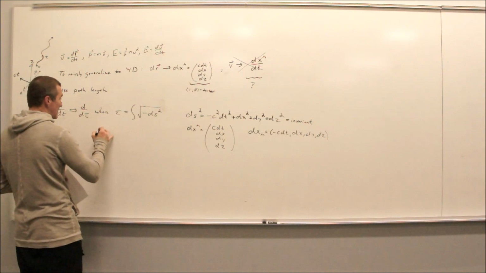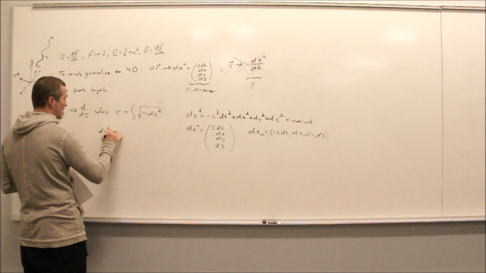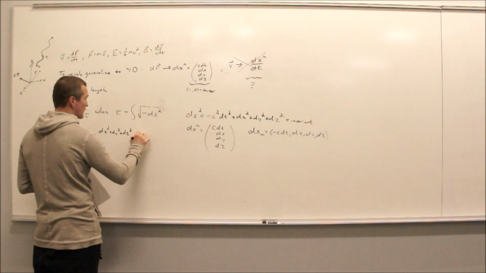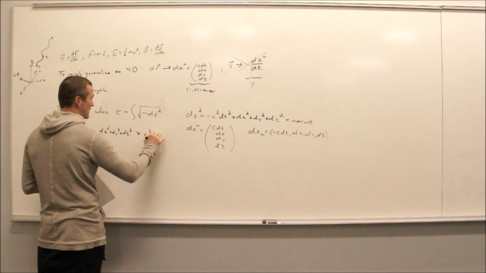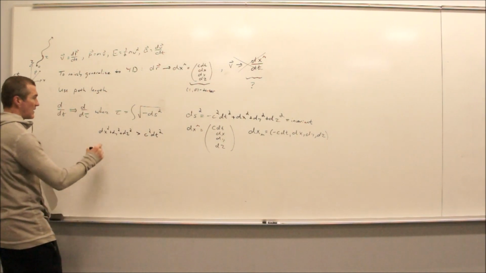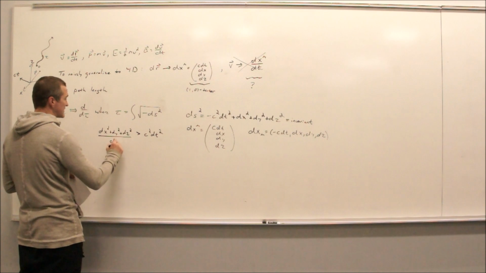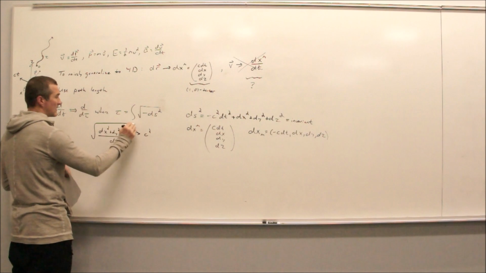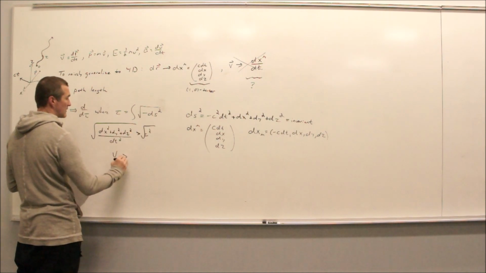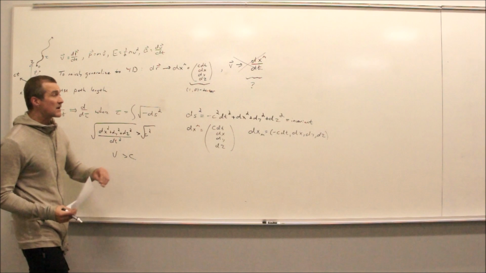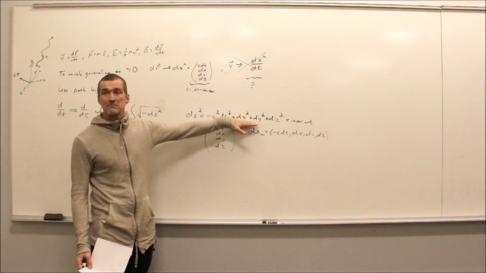Well, let's look at it. dx squared plus dy squared plus dz squared greater than c squared dt squared. That's what would have to happen for this to be positive, right? But if I divide both sides by dt squared, then that's just that. If I take the square root, that corresponds to something moving faster than the speed of light. So actually, this is always guaranteed to be negative for something which is massive.